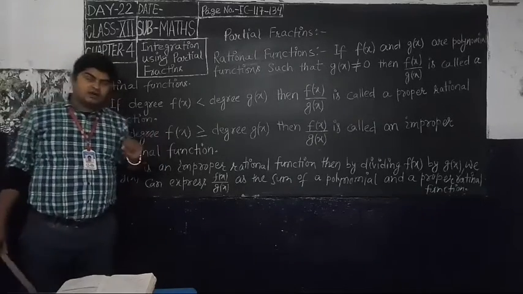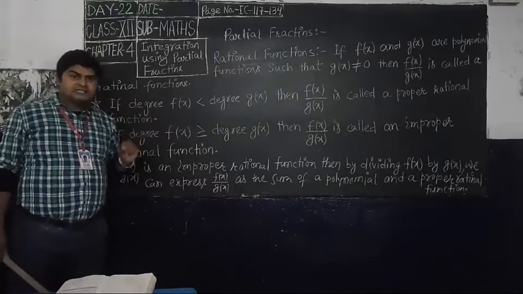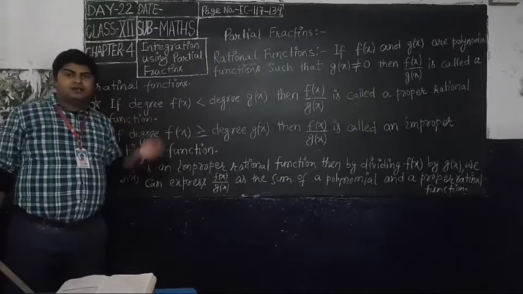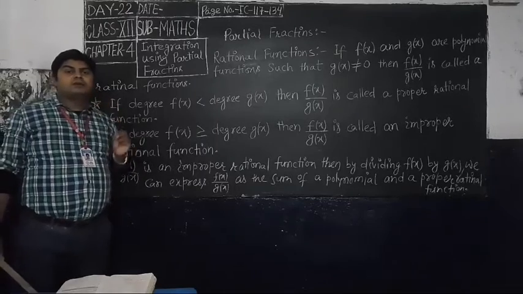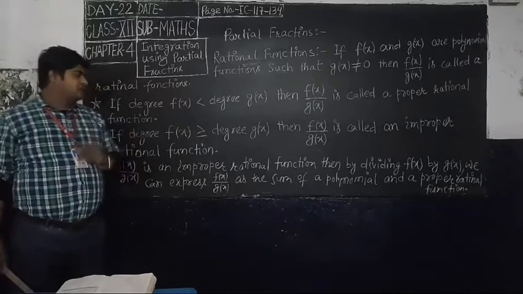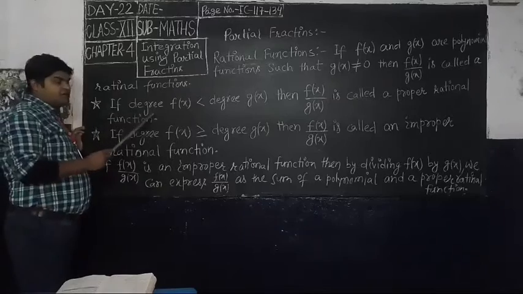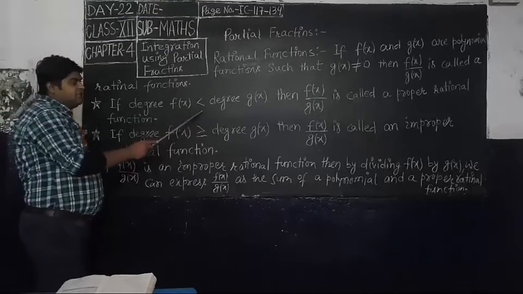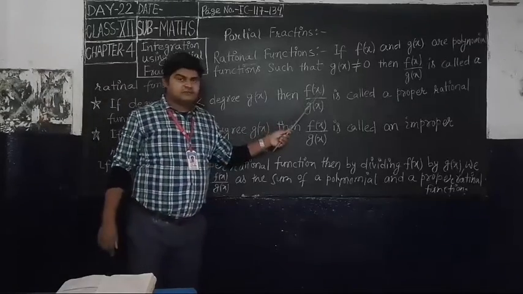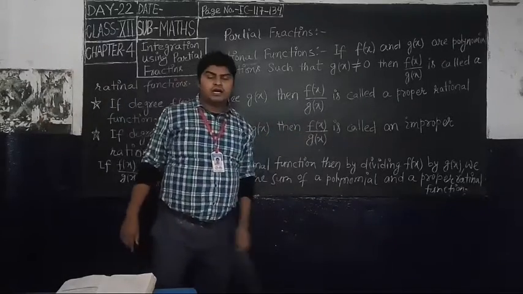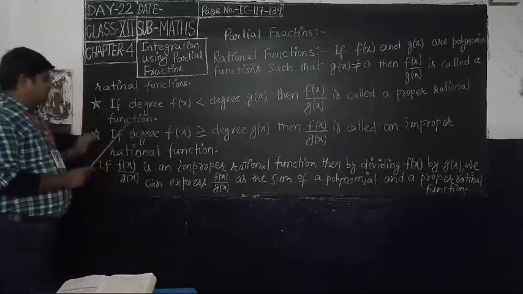If the degree of the numerator f of x is less than the degree of the denominator g of x, then f of x by g of x is called a proper rational function.